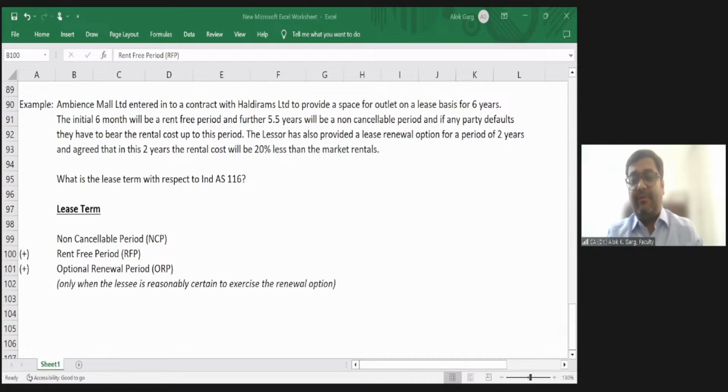Because I have to be in leasehold premises, will I exercise that option or not? There are high chances that I will exercise the option because I am getting the premises at 20% less than the market rental. So in this case, what should be the lease term? Please tell me.